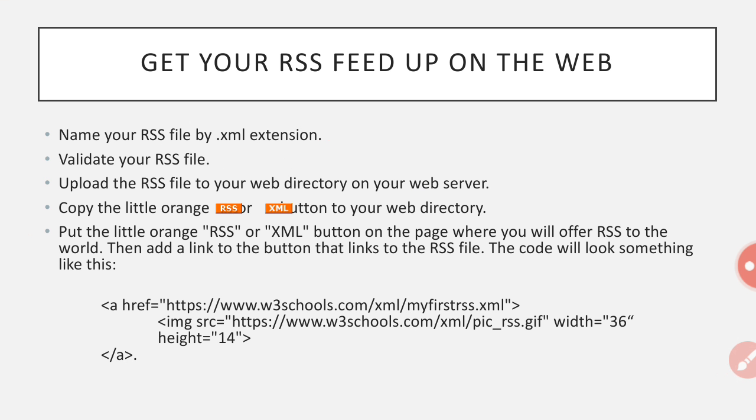Then copy these little orange images of RSS and XML button to your web directory. Then put this orange RSS or XML button on the home page of your website and then provide a link that links the button to the RSS file.